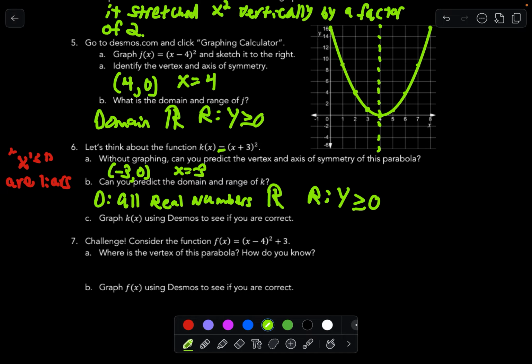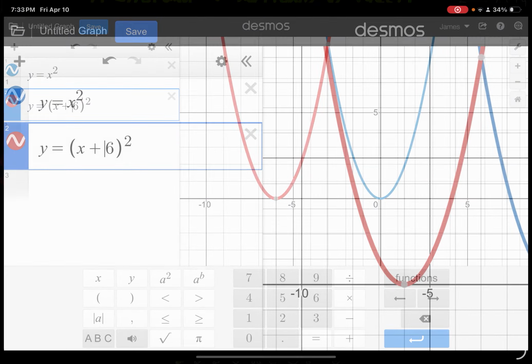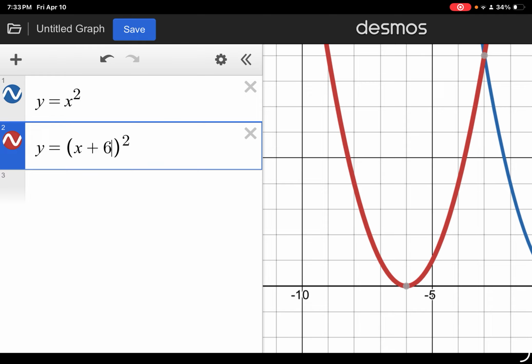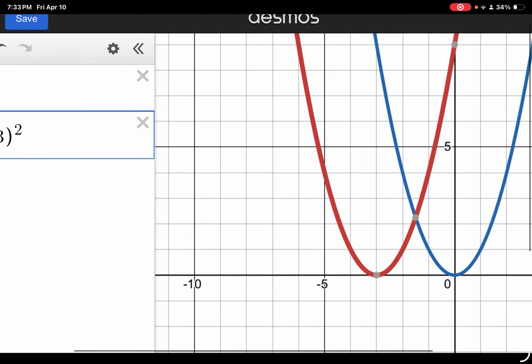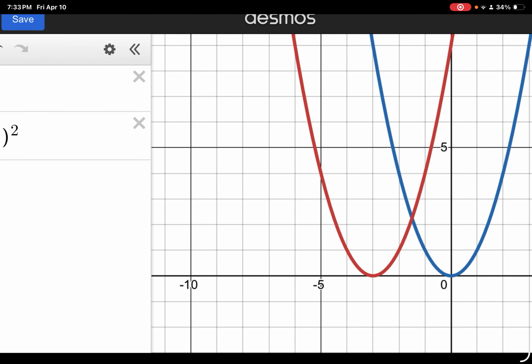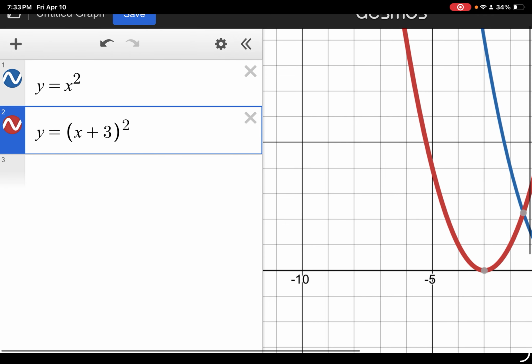Okay? And if you wanted to graph it on Desmos, x plus 3, you see the graph is shifted to the left 3 units. All right? So we were right.